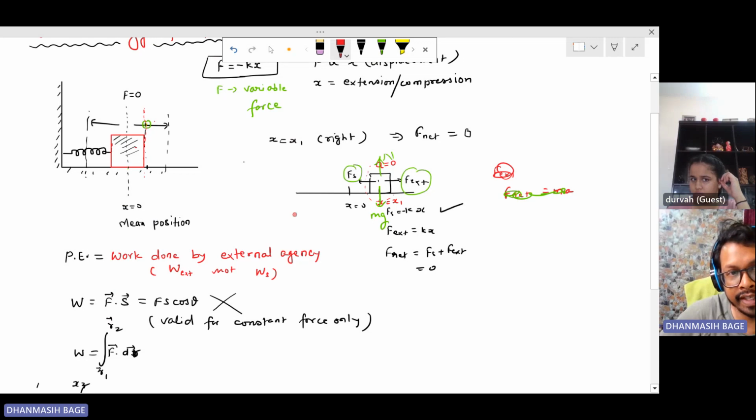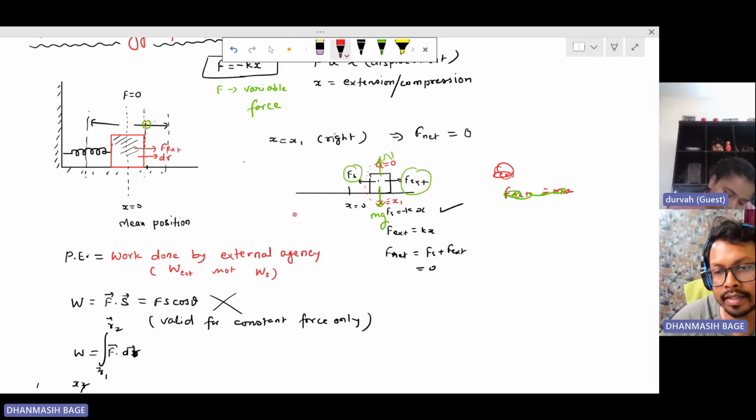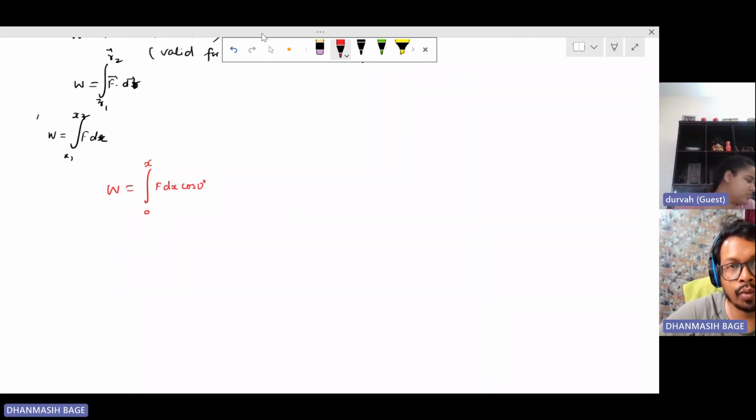If the external force is in this direction, then the displacement is also in this direction, right? They are always in the same direction. When the force and displacement are in the same direction, theta is equal to 0 degrees between them. That is, cos 0 degrees is equal to 1, right? So we can simply write it as integral from 0 to x of F dx.